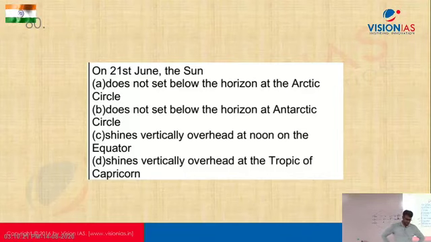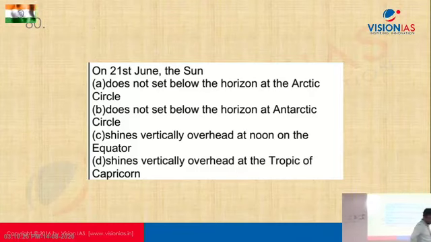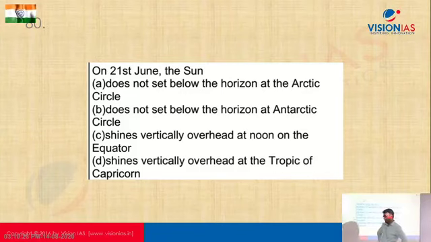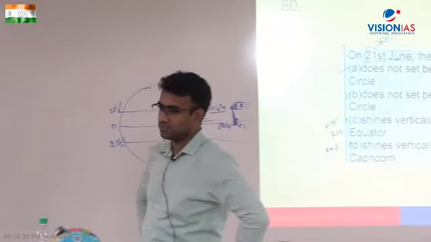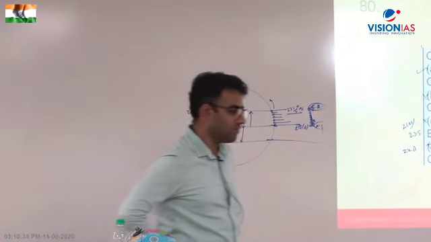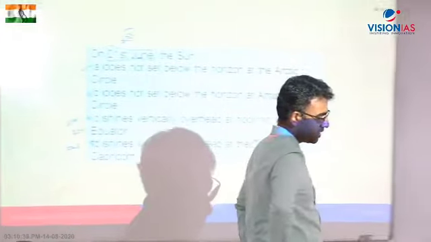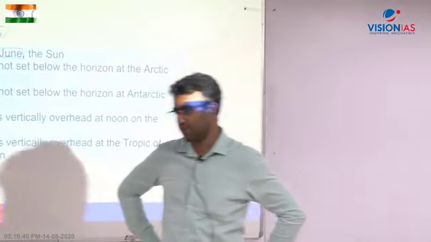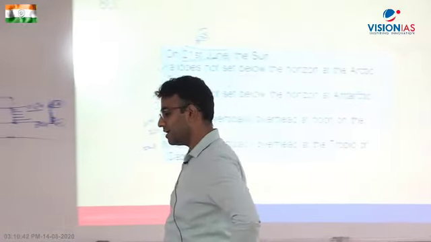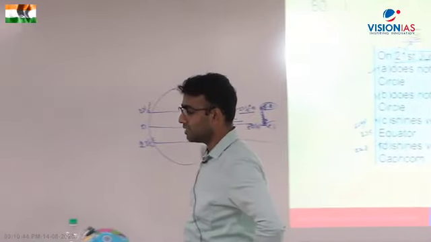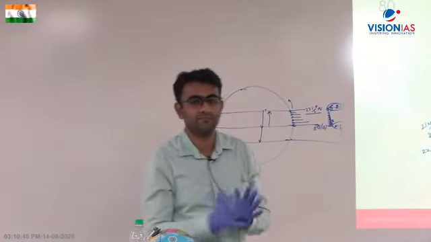That's correct. So basically when we are at the equinox position, both the North Pole and the South Pole are exposed to the sun. From equinox to summer solstice, the North Pole starts to get more exposed. The region surrounding the North Pole starts to get more exposed. So the polar day region in the northern hemisphere starts to expand.